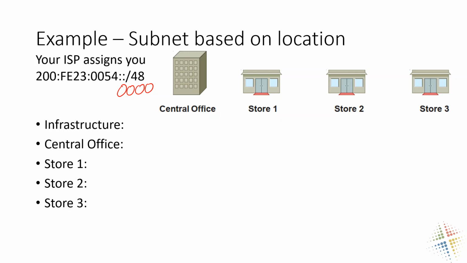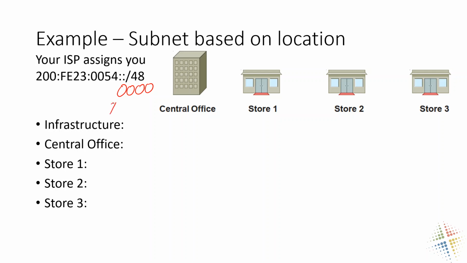Well, we could simply go 0000, 0001, 0010, and so on. I'm drawing a lot poorly. However, that's kind of short-sighted. This is where the power of IPv6 comes in, the fact that I have all 4 of these different nibbles, and I can assign an idea to each one of these.